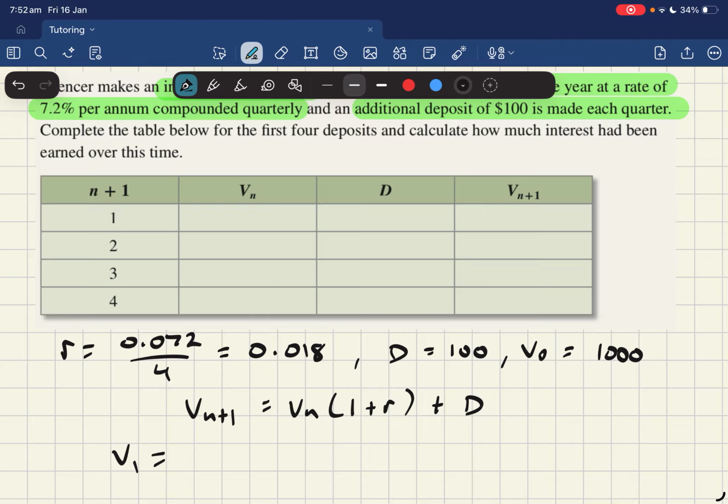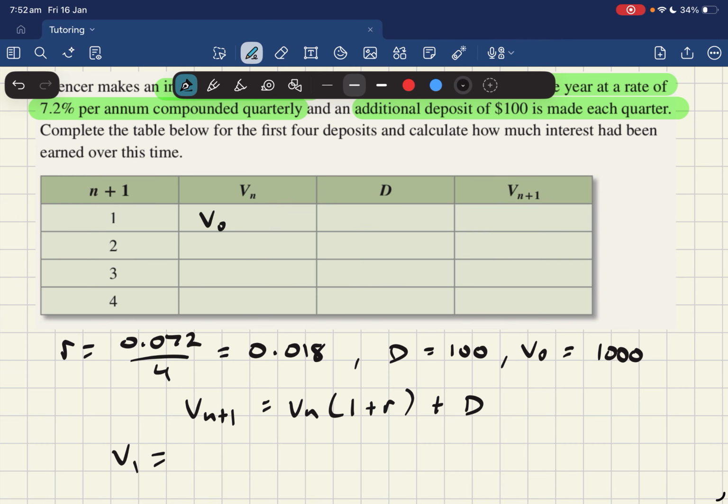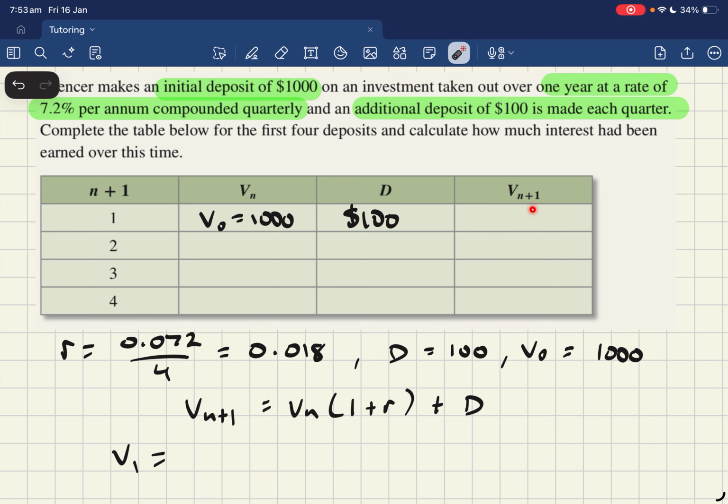So if we want to find the amount at the end of the first period, our Vn is going to be the starting amount, so V naught. And our amount D that we're putting in is $100. And now we are using the recurrence relation to find the value at the end of the first payment being made.